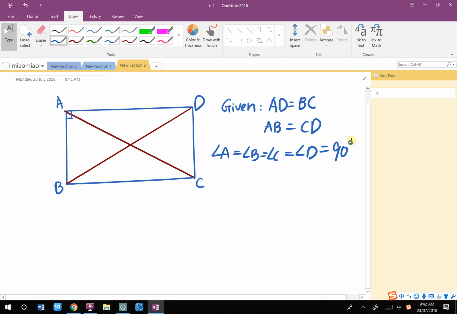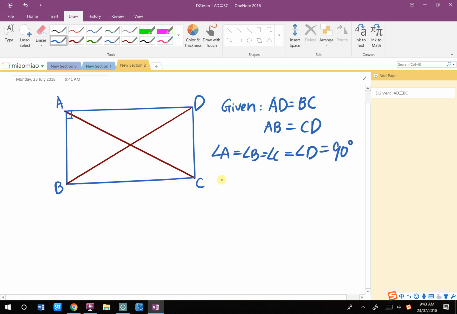What is a rectangle? That's 90 degrees. So angles A, B, C, D are 90 degrees, and also you know the opposite sides are equal. Then all the opposite sides are the same. AB equals CD and AD equals BC. So that is given to you.